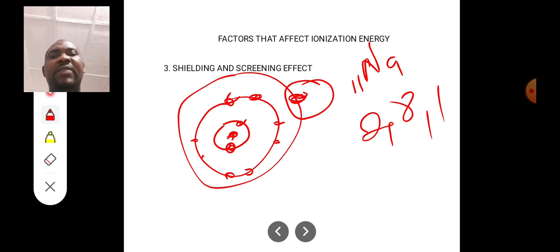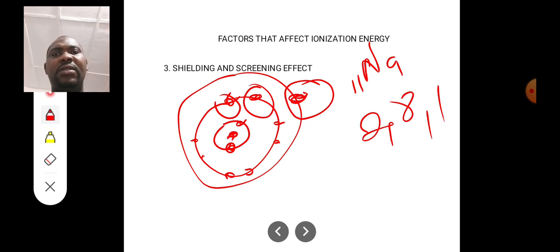Now, we also have a secondary screening effect. In this case, it is the repulsion between electrons in the same shell. So 2 electrons in the same shell can repel each other, reducing the effect of the nucleus on each other due to that repulsion. Okay, so we have primary screening and we have secondary screening. Now, the screening and shielding effect is also another reason why ionization energy reduces as you go down the group.